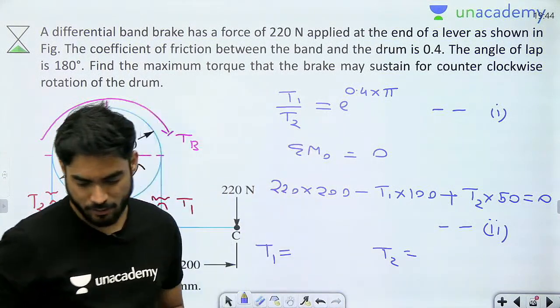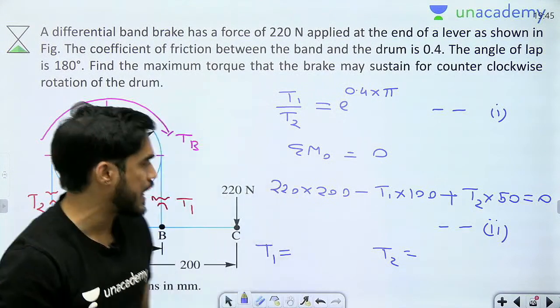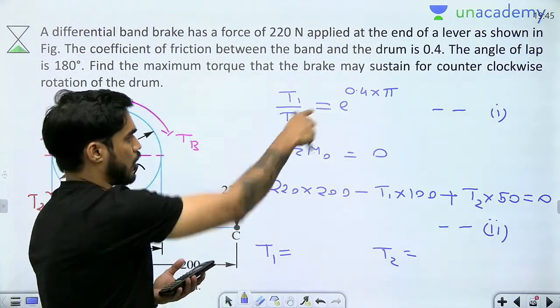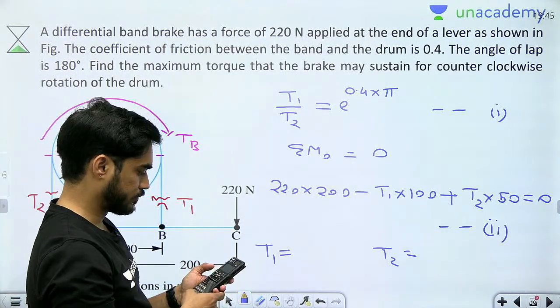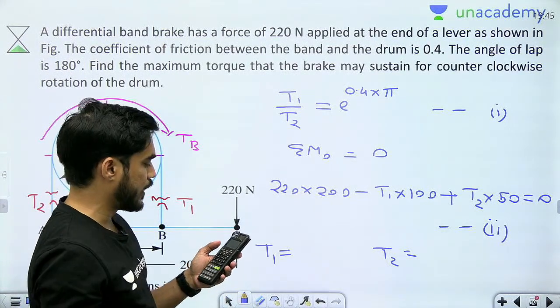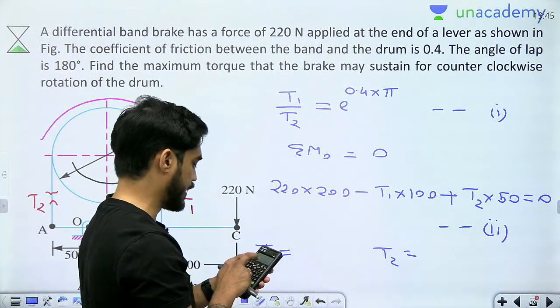So quickly tell me what T1 and T2 you got. So beta, from this I get e to the power 0.4 pi, so T1 will be 3.5135 times T2. Now I will put it here.